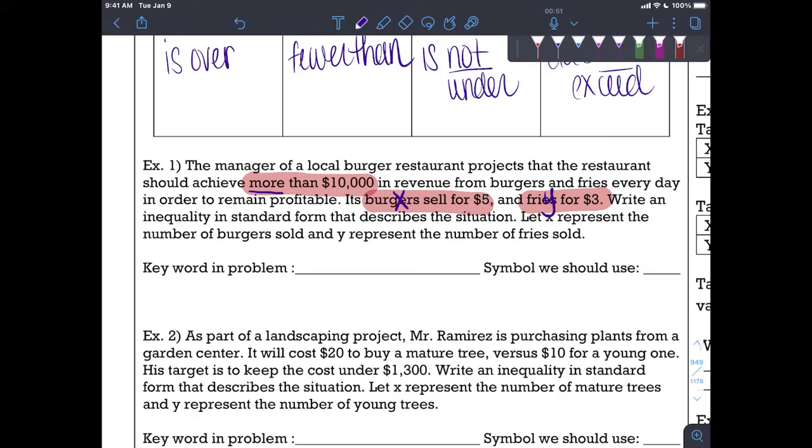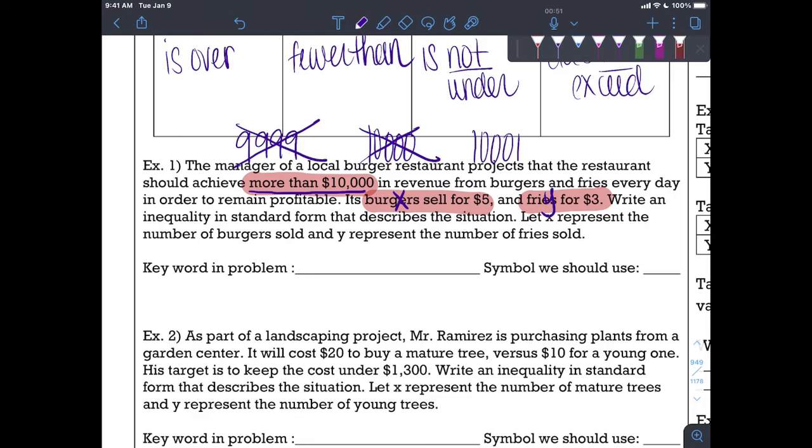And here they said more than 10,000. Whenever I see the words more than, I would say, all right, can I have all the different numbers that are right around there? Is 9,999 more than 10,000? No. Is 10,000 more than 10,000?